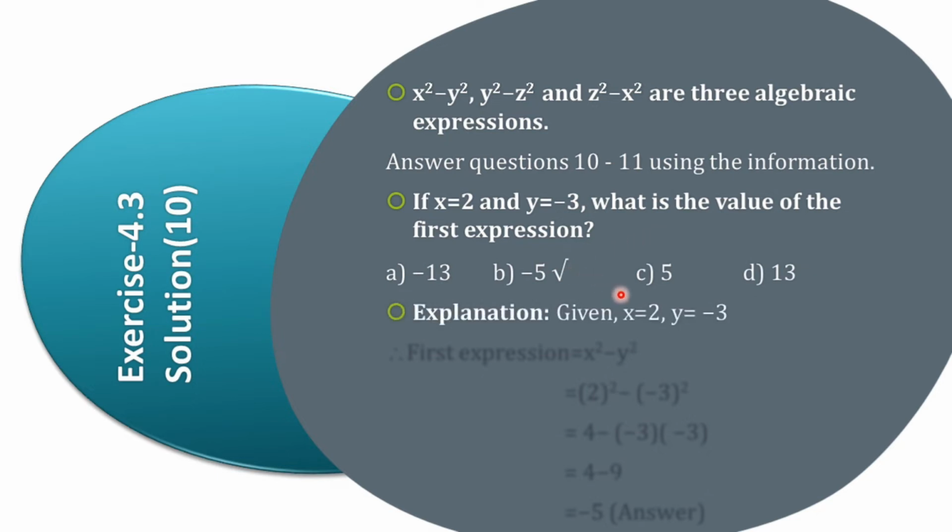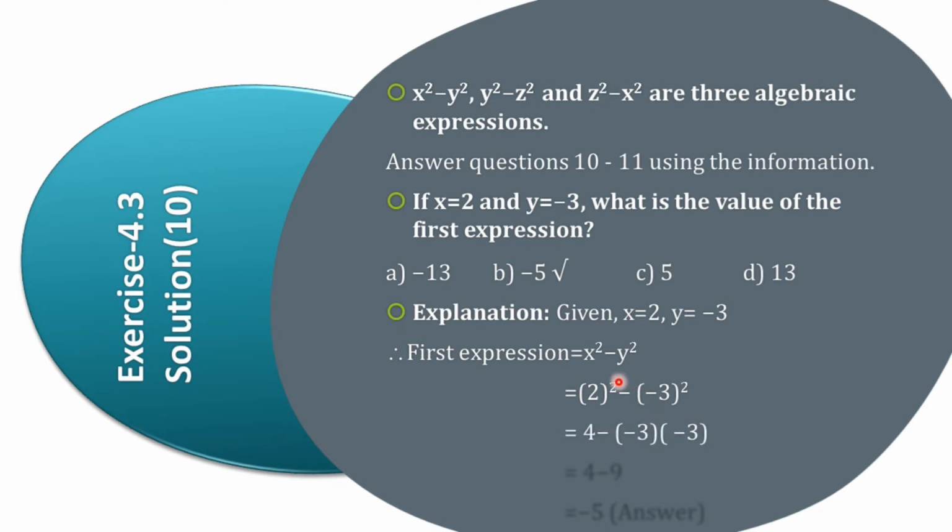Explanation: given x equals 2 and y equals minus 3, my dear, if we put the value of x and y in the first expression, x square minus y square, then we can get, instead of x we write 2 whole square minus, instead of y we write minus 3 whole square.